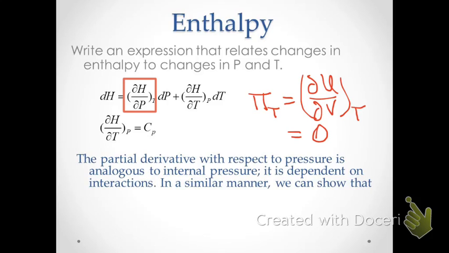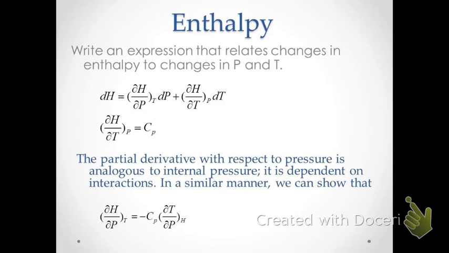We'll also note that this derivative with respect to pressure for enthalpy is also equal to 0 for an ideal gas, again because it's related to interactions. In systems with no interactions, dH/dP at constant T is equal to 0. It's only the presence of interactions that causes it to take on a non-zero value. So just like internal pressure, this particular partial derivative is representative of interactions within our system.